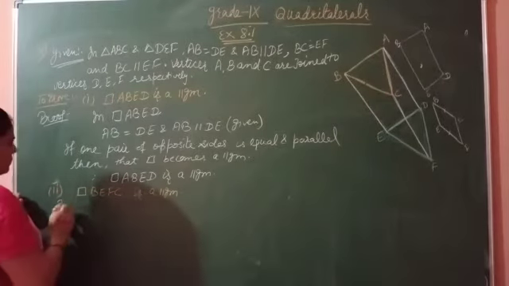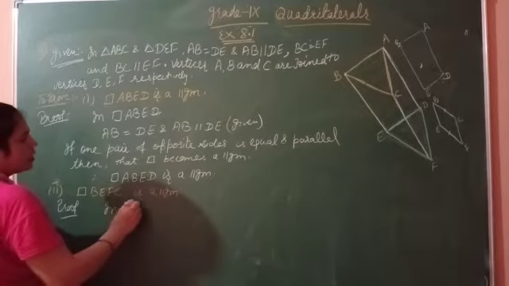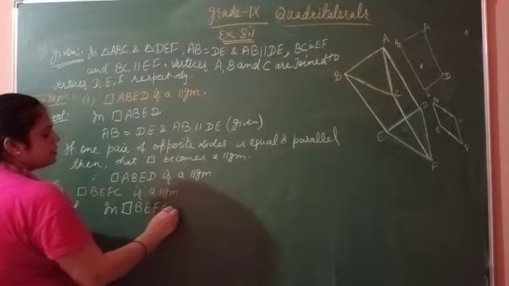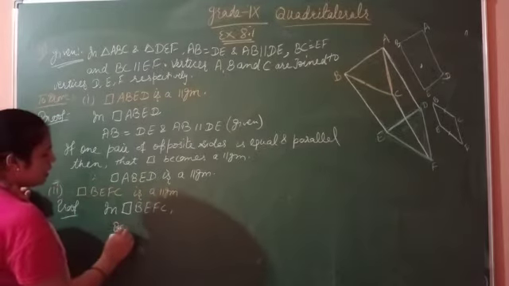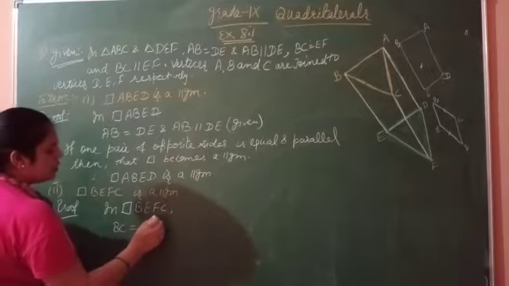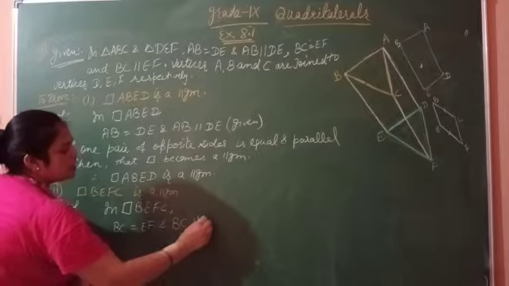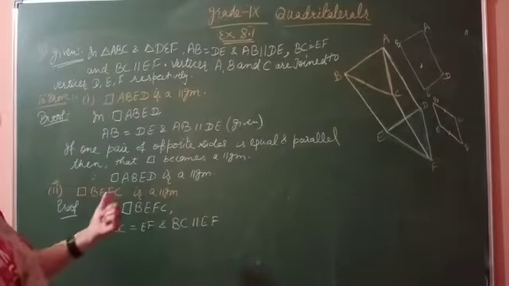So, proof: in quadrilateral BEFC, we are given that BC equals EF and BC is parallel to EF. One pair of opposite sides is equal and parallel.